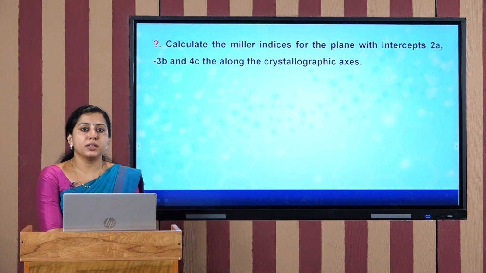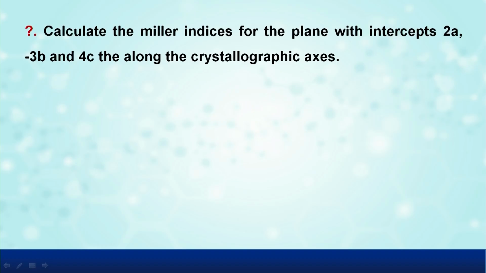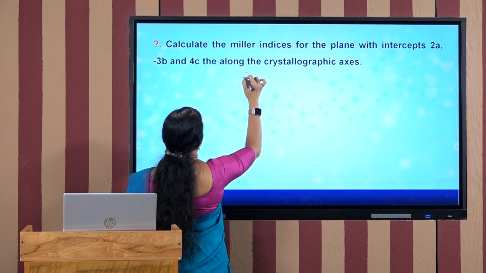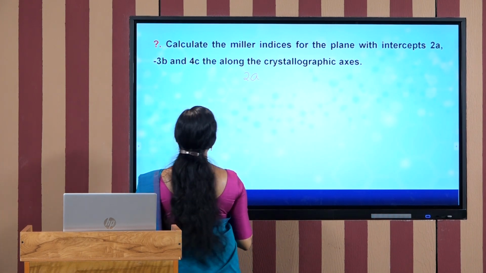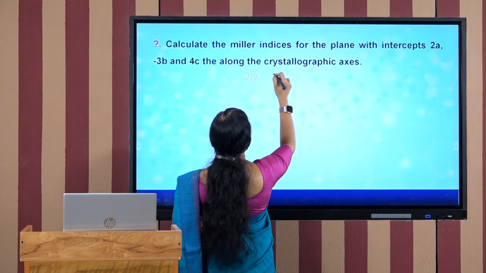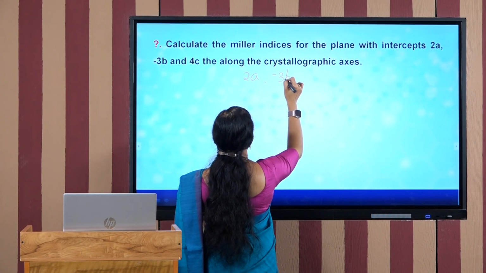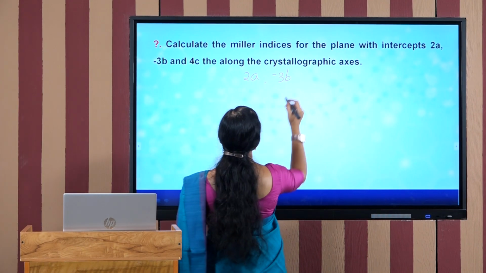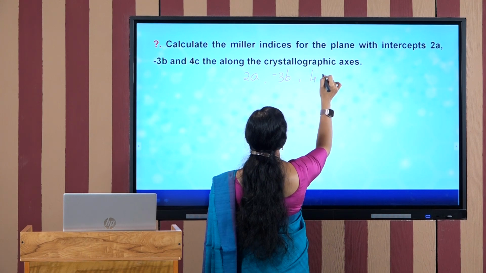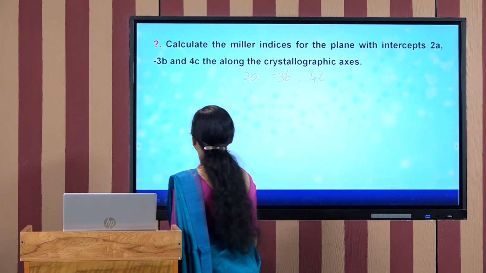Now, one more question. Calculate the Miller indices of the plane with intercepts 2a, minus 3b and 4c along the crystallographic axis. So, we have the intercepts 2a, minus 3b and 4c.